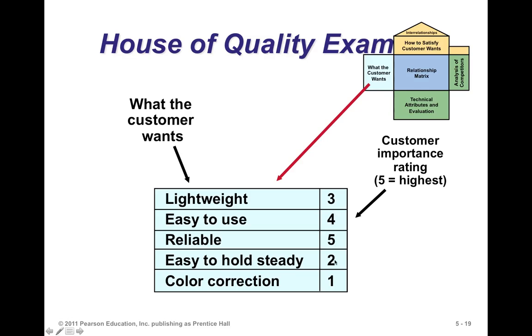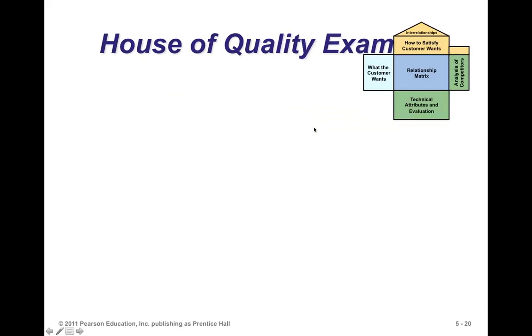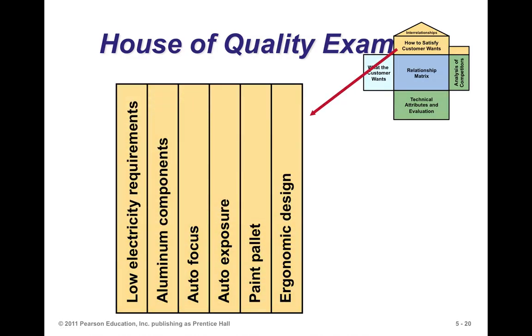And when we look at this, we rank them. Reliable is the highest rated, and color correction is the least rated. That doesn't mean it's not important. It's just that relative to each other, those are the weights that we assign to them. Next, we look at the hows, so how to satisfy those wants. Make sure that we have low electricity requirements.